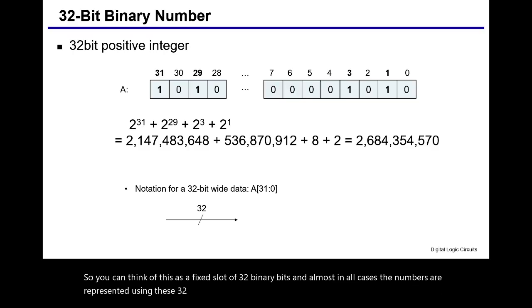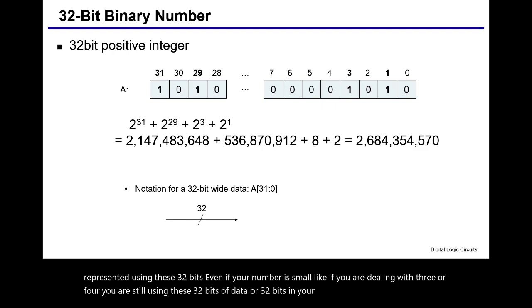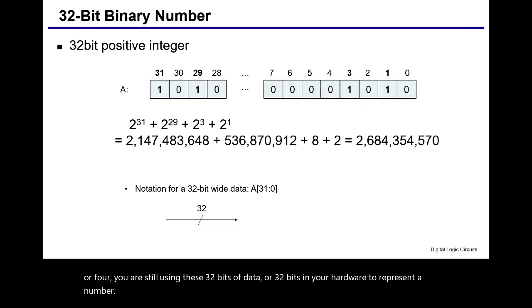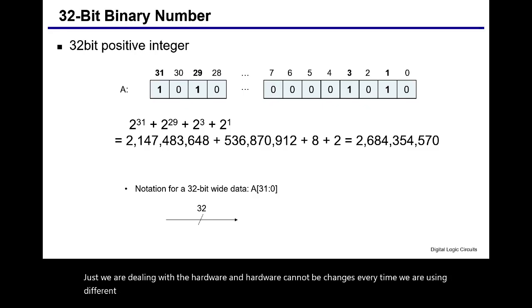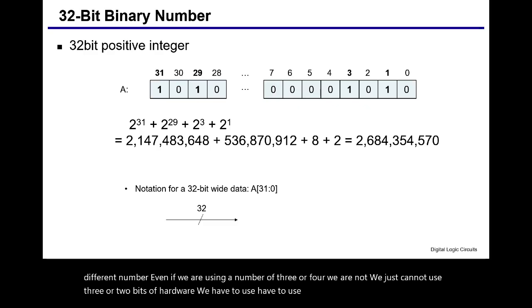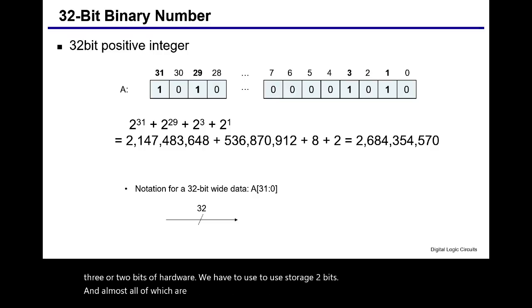Even if your number is small, like 3 or 4, you are still using 32 bits in your hardware to represent it. Hardware cannot be changed every time we use a different number. Even if we are using 3 or 4, we cannot use just 2 or 3 bits of hardware. We still have to use 32 bits, and almost all bits are 0 except for the last few bits that represent 3 or 4.